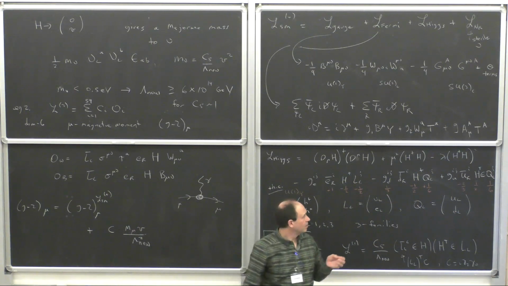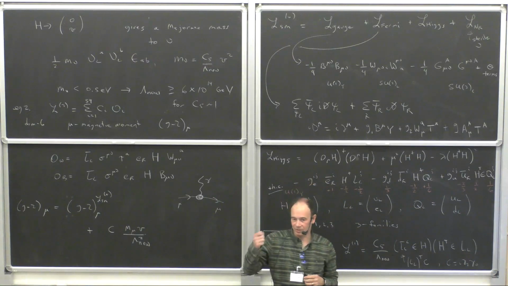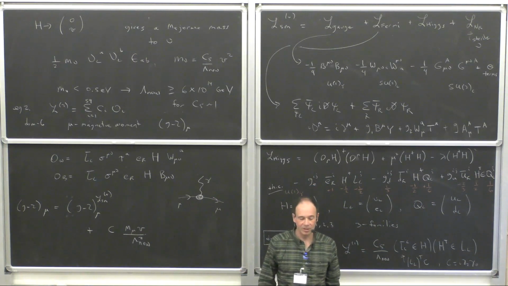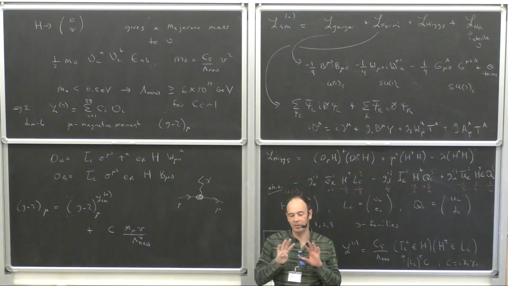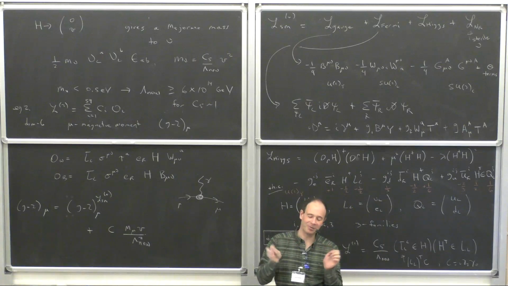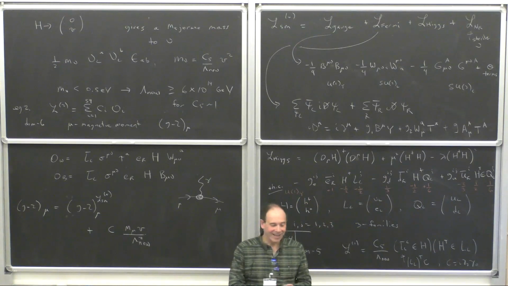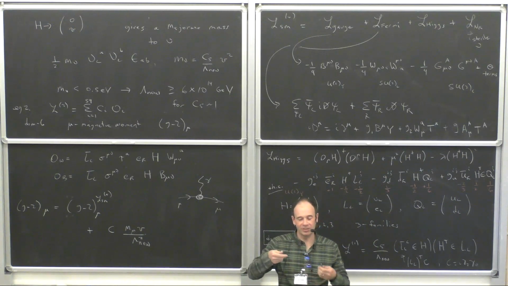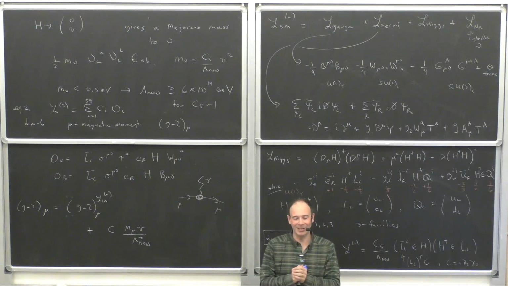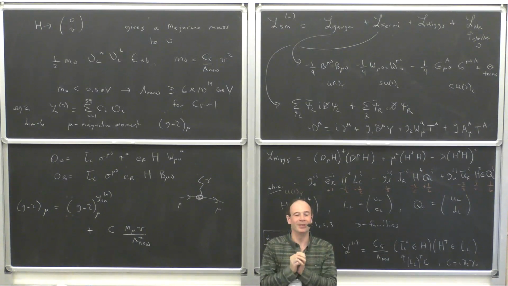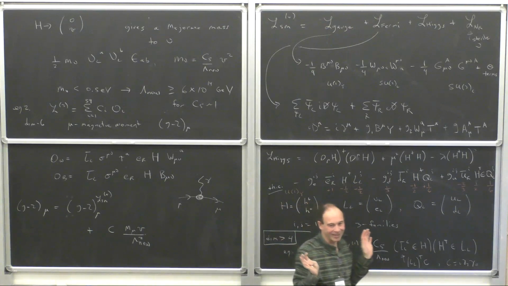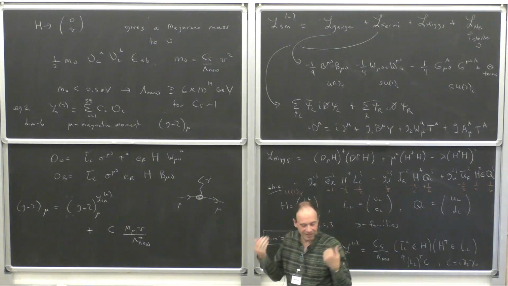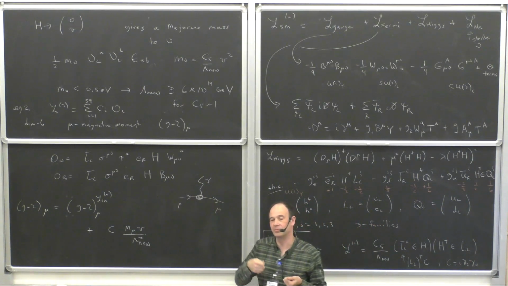But nevertheless, this term that I had with the partial squared phi times phi cubed, if you make predictions in that theory and you forget about what I said and include that operator, you'll find that all your predictions are giving the linear combinations that I identified. You'll always find those linear combinations showing up in all your predictions, no matter what you calculate, if you do the calculation right. And so in that sense, the operator is redundant.